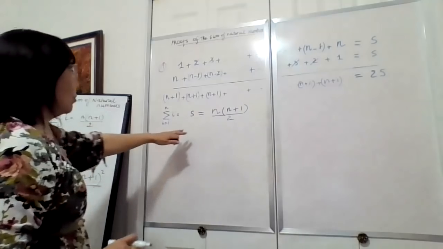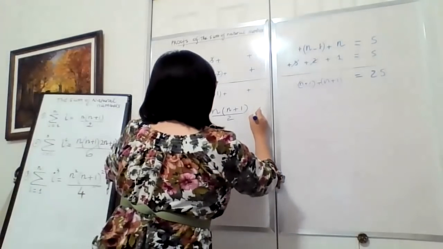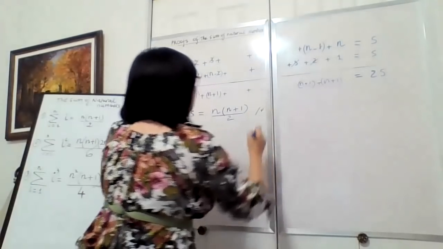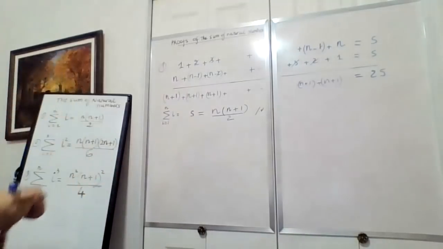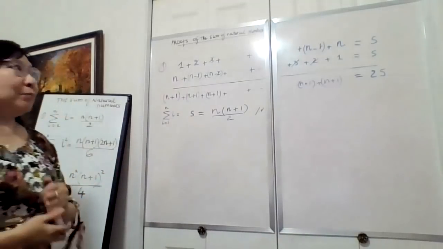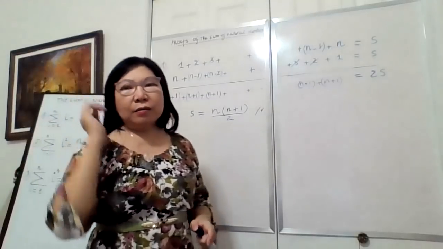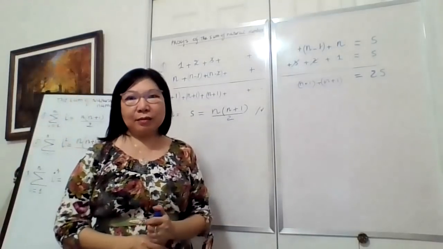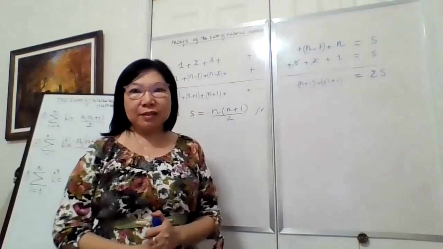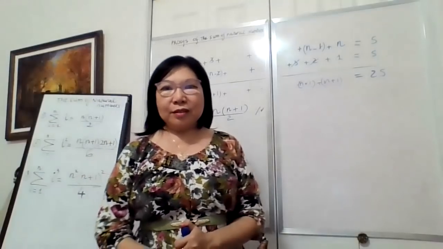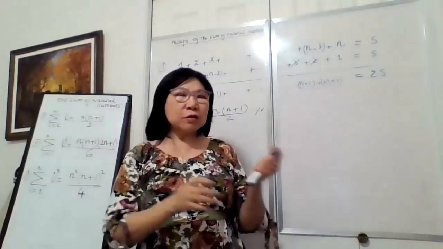So now I have proven to you, yes, this is true. That expression is correct. Now, I am not proving this myself, actually. We learned it from the German mathematician, his name is Gauss.